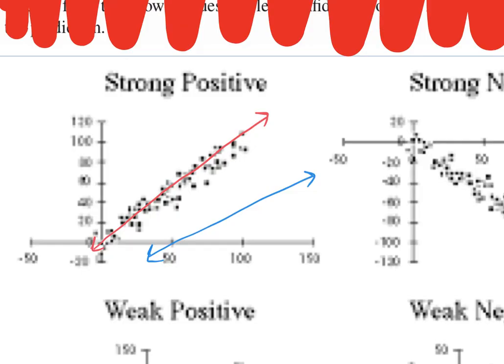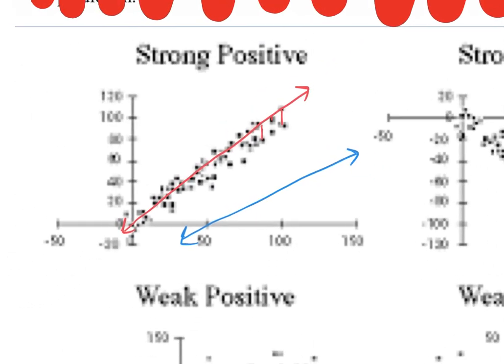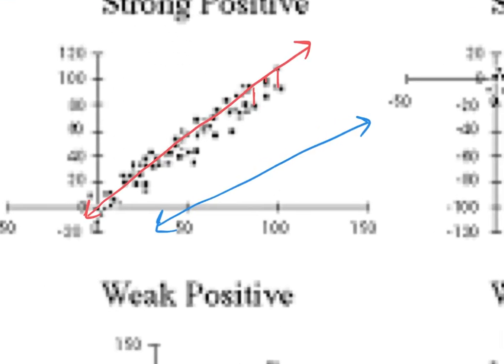Why is the red line a better approximation of the data? And we can tell that through residuals, okay? Are the points closer to the red line or to the blue line? The red line, okay? So the difference between each of these points and the red line is going to be small. Do you guys see that? The difference between each of these, the residual, is going to be small. But the difference between all of them and the blue line is going to be pretty big, right?